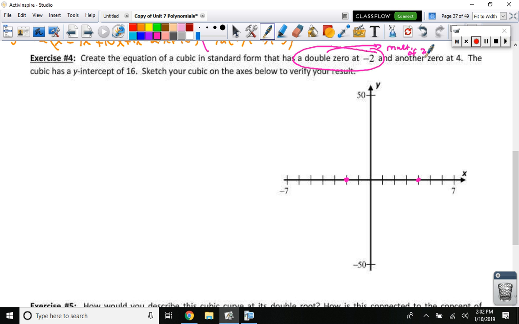It's cubic, again, right? So it's a degree 3, which means it either goes high to low or low to high, right? They also tell me the y-intercept is sitting at 0,16, correct?